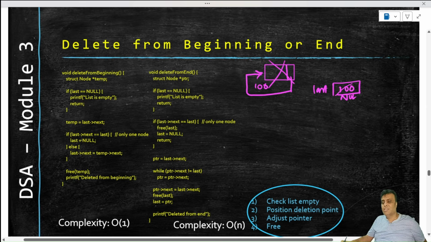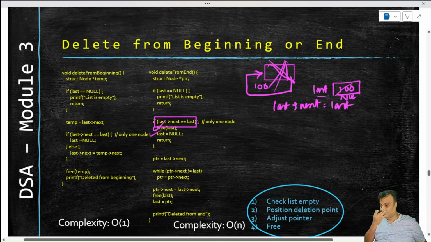Right? And how do I understand this is the only element? We will check last, your next, is it equal to yourself? Then you are the only node. Then I'll free you first and then I'll make last equal to null. That's all we'll do. So this is for the single element.